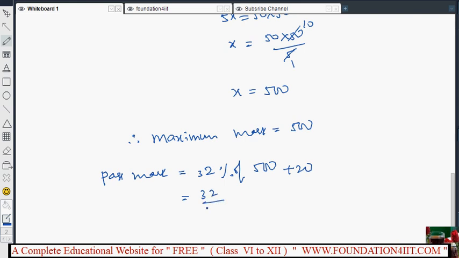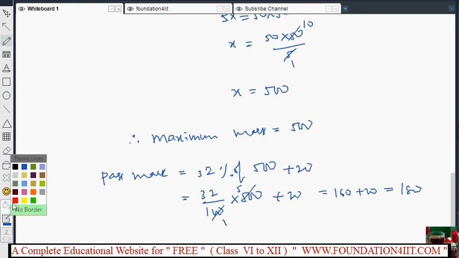Therefore 32 by 100 into 500 plus 20, answer 5, 32 into 5, 160 plus 20, so 180 is the pass mark and maximum mark is 500. So it's not a problem to find the pass percentage. Maximum mark is 500, pass mark is 180.